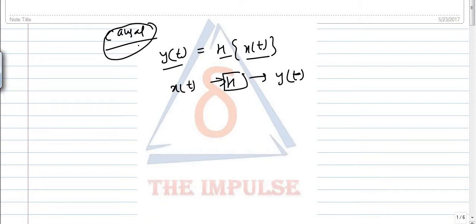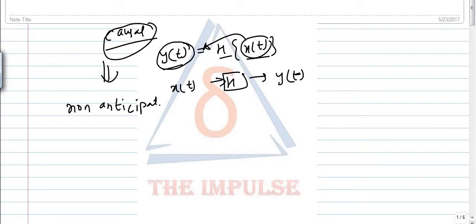Under the causal system, we study how the output is dependent on the input. The causal system is also called a non-anticipative system. Anticipative means related to the future, and non means not related to the future.